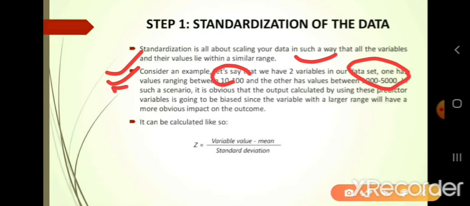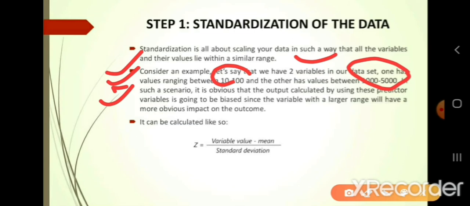In such a case, it is obvious that the output calculated from these two predictor variables is going to be biased, since one variable has a very large range of data compared to the other.